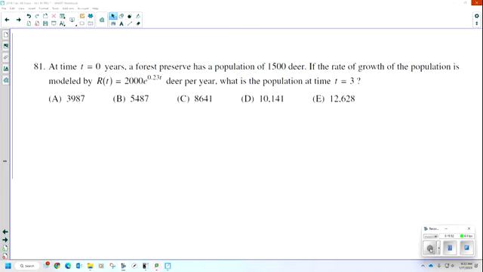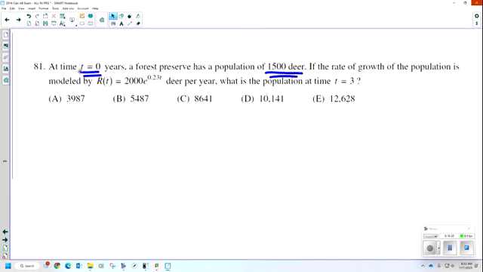Number 81. At time t equals 0, a forest preserve has a population of 1,500 deer. That always seems to be important. At time 0, we already have 1,500 deer. If the rate of growth of the population is modeled by R of t, which is 2,000 e raised to the 0.23 t deer per year, what's the population at time 3?